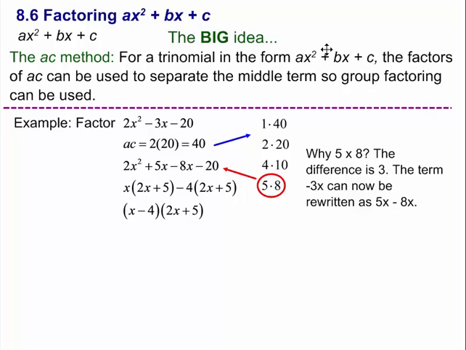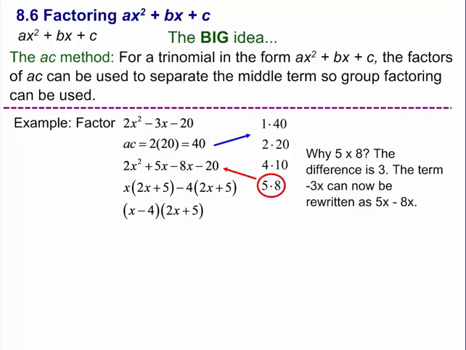For a trinomial in the form, again, what this really should tell you is basically a number other than 1 for a. The factors of AC can be used to separate the middle term, so grouping can be used. So let's talk about this.